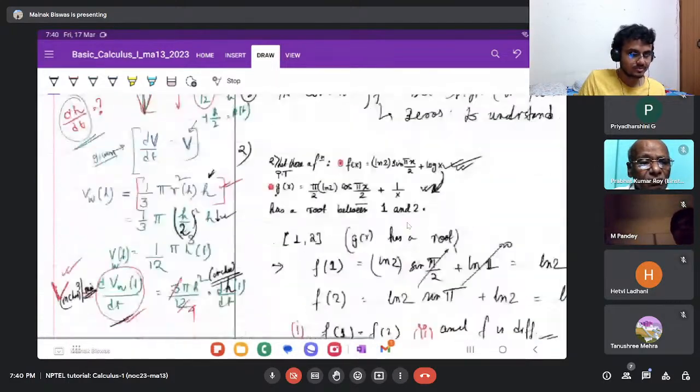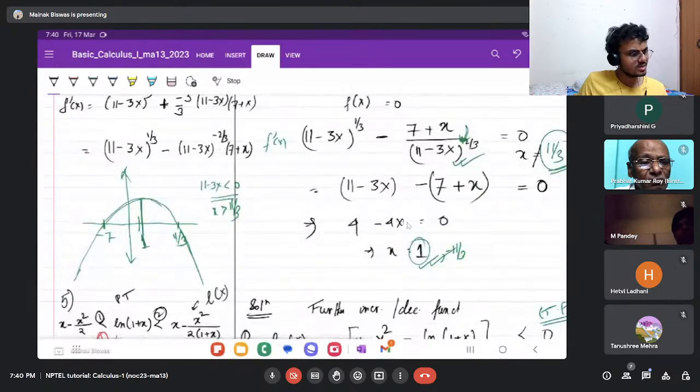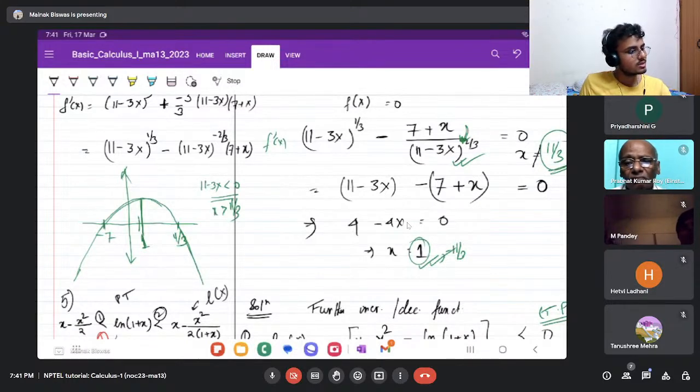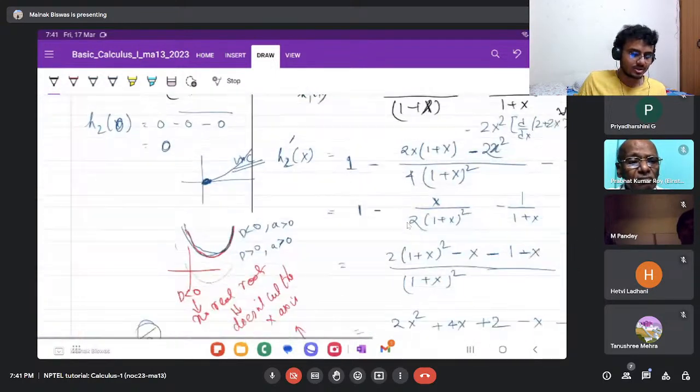Is it minus? Just a second, let me see if I copied it correctly. Log x, sin x, log x. I think we copied it. Anyways, we'll do it for this one only.